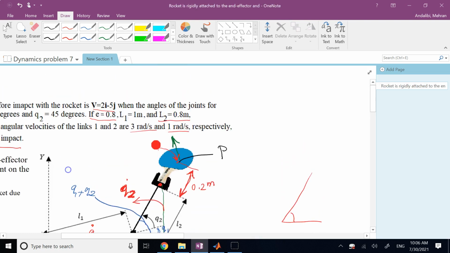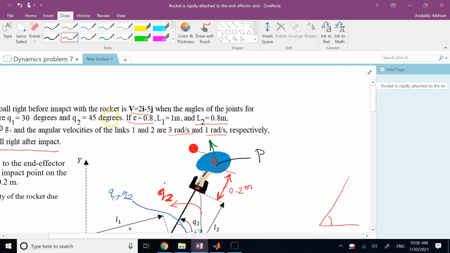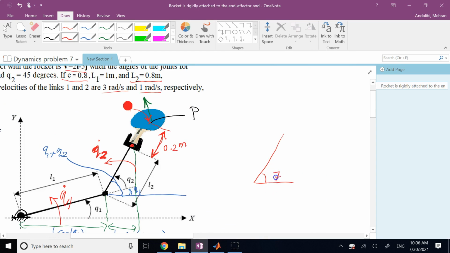At the moment, Q1 plus Q2 is 30 plus 45, so it's 75 degrees. So this is the surface of the rocket. The ball comes and hits here. So the line of the common tangent is at 75 degrees, and the common normal is normal to this in this direction.